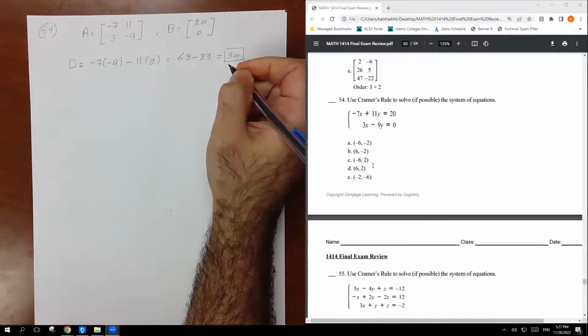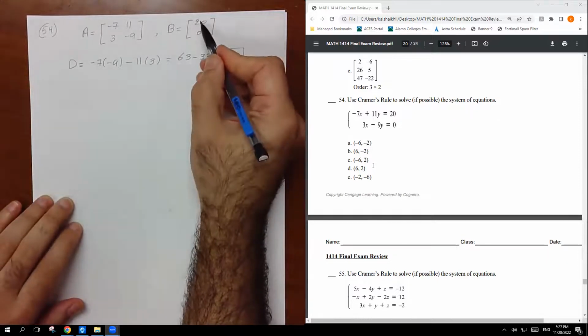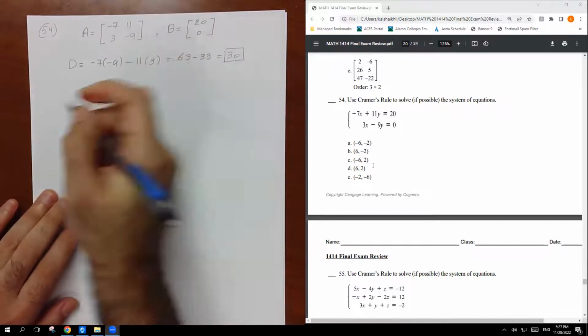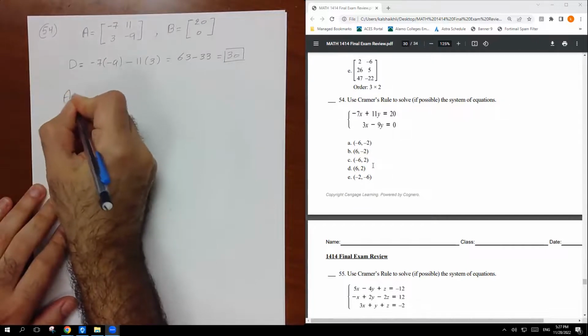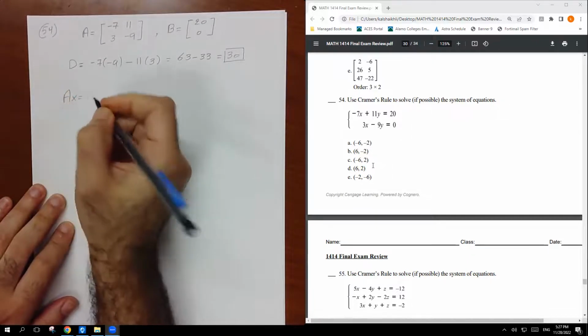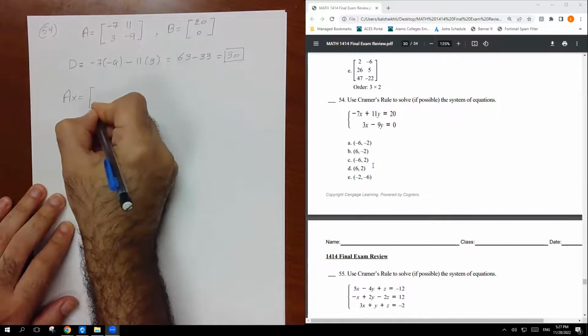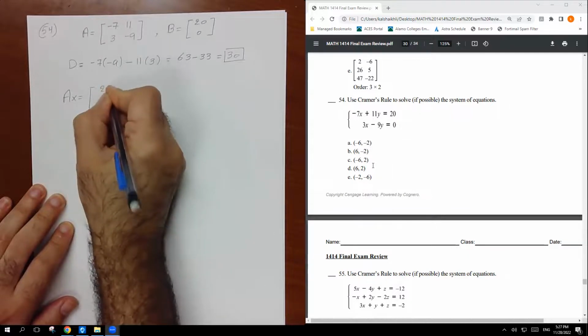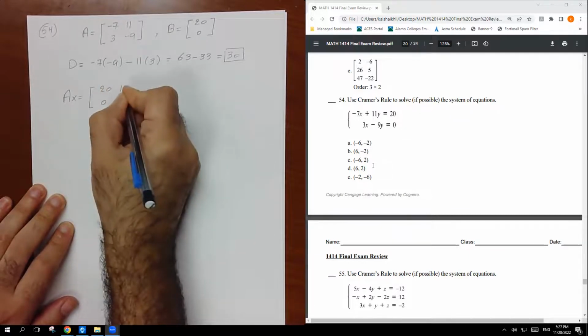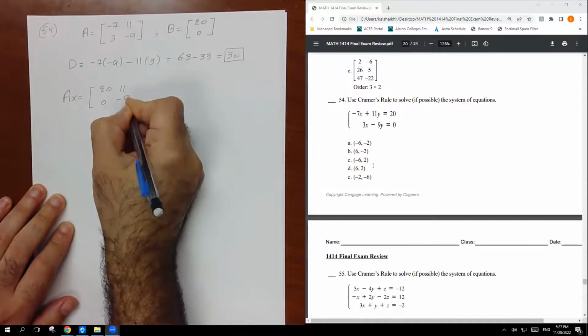Now, next step, what I'm going to do, I'm going to change B with the first column here. So I'm going to say A sub X equal, here's the new matrix, which is 20, 0, 11, and negative 9.